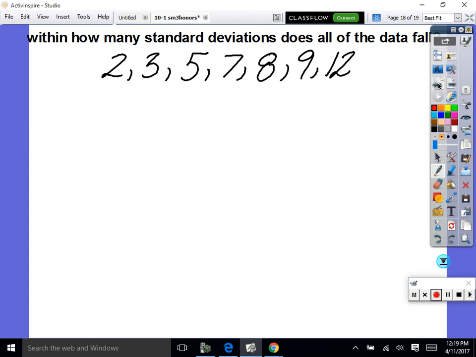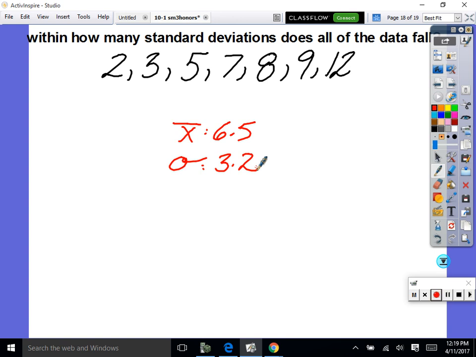What's my mean? Anybody got it yet? So my x bar, my mean, is 6.5, okay? Then what's my sigma? 3.2. So we could go through and find this one. So our highest one is 12, correct? Let's just go about this the quickest way possible.